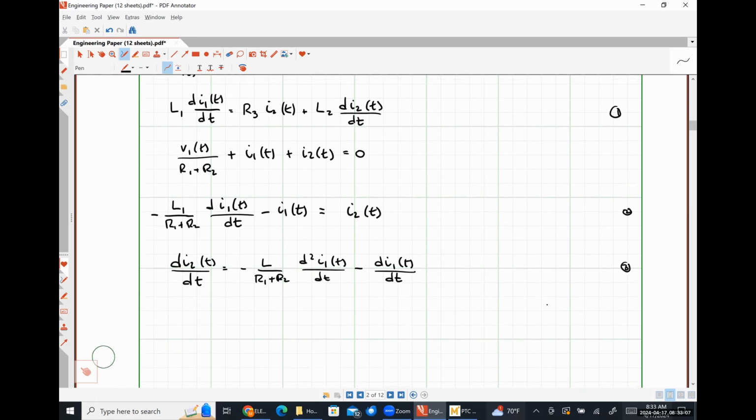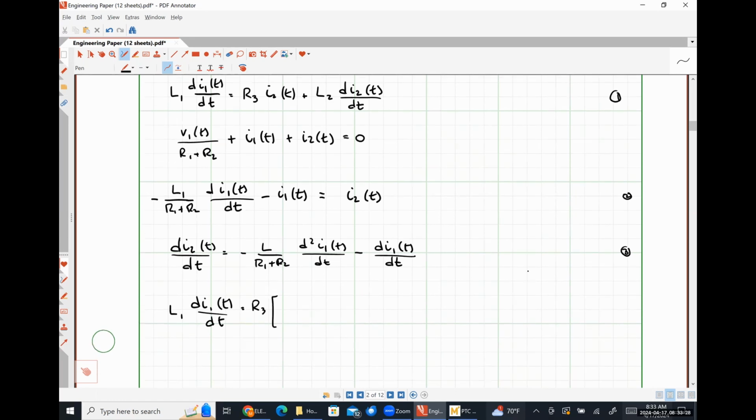So we would have L1 di1 by dt is equal to R3 times what we have for I2. So that is negative L1 over R1 plus R2 times the derivative of I1, minus I1.